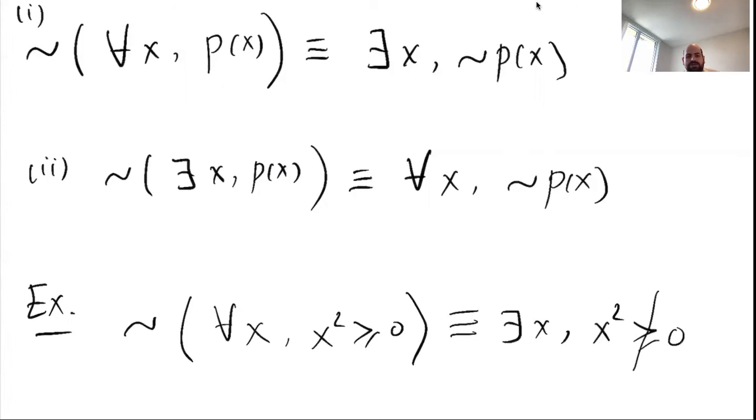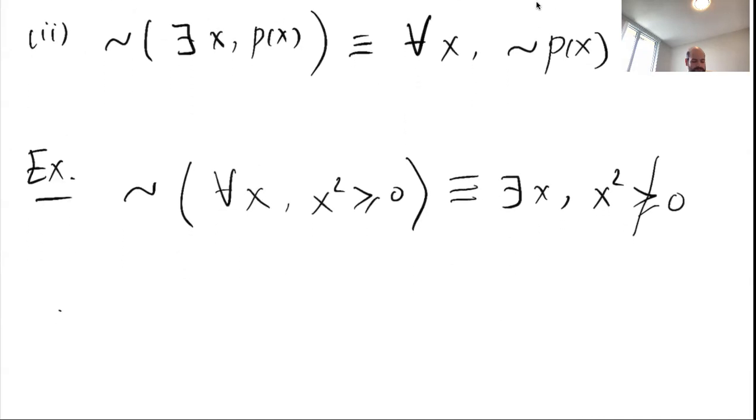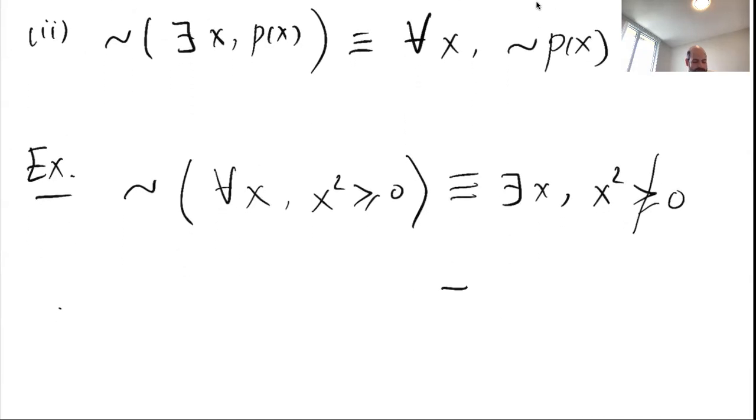Negation P of X would be X squared not bigger than or equal to 0. Which is the same as saying that there exists X with X squared less than 0. Right? Not bigger than or equal to 0 means less than 0. It's a very simple mathematical fact.